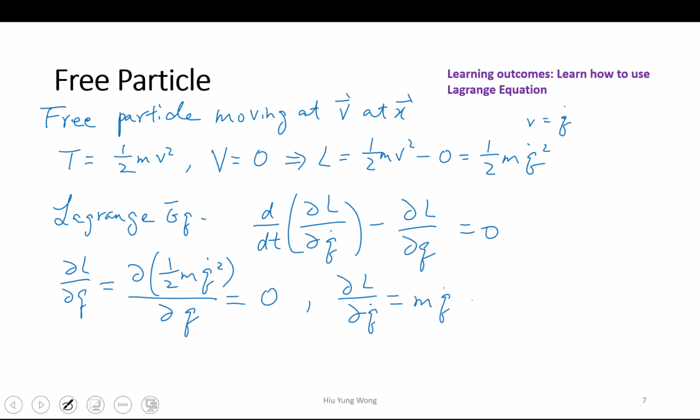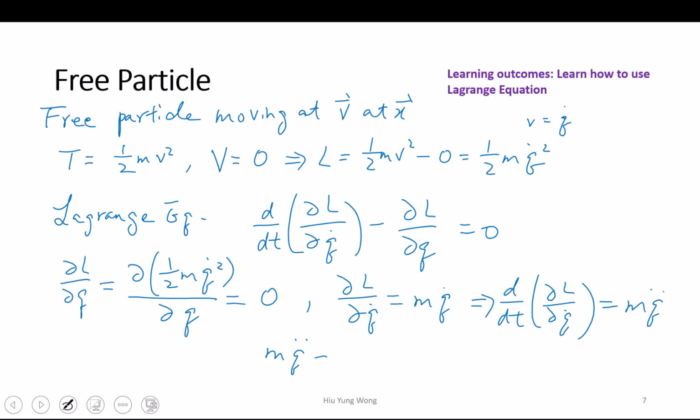But then I need to further do d/dt of partial L partial q dot. So I do one more time derivative. What do we get? m q double dot, right? Second derivative. One dot is one d/dt. Is this okay? So what is the equation of motion?